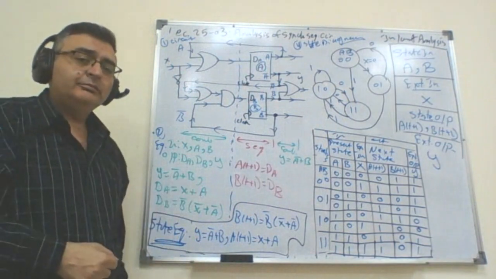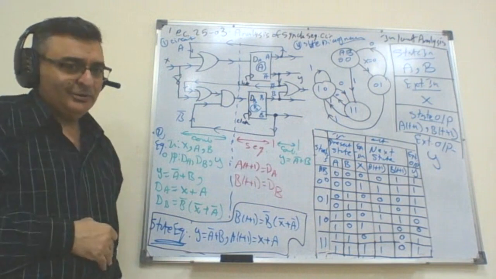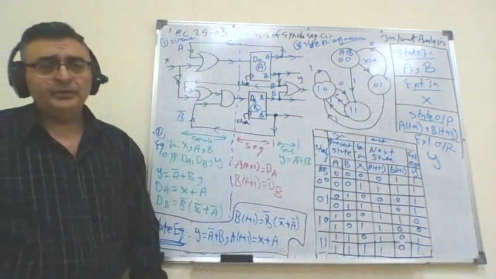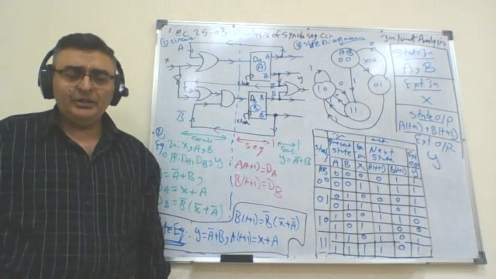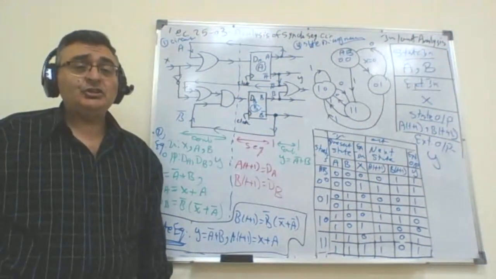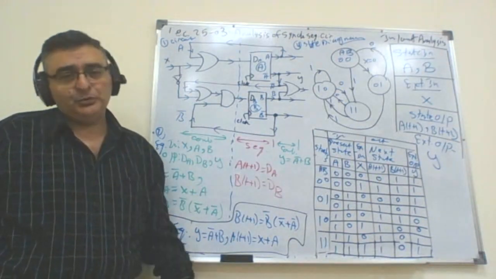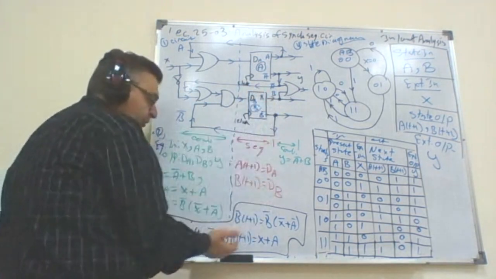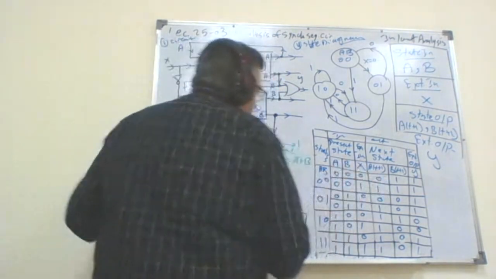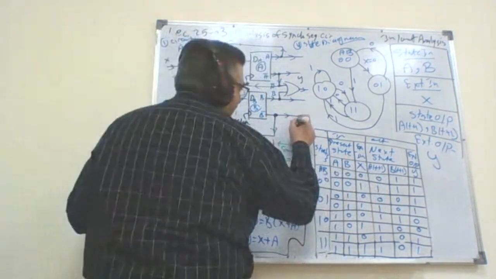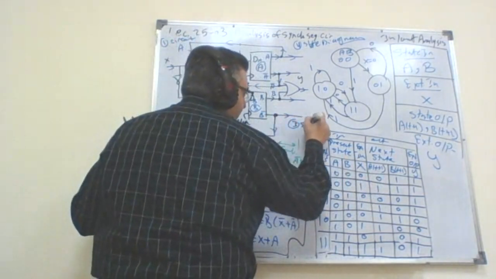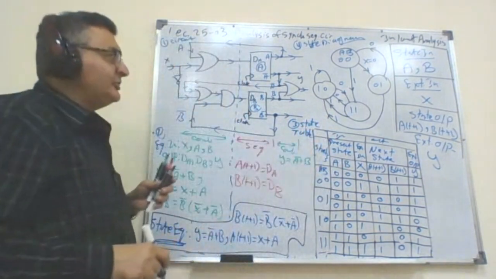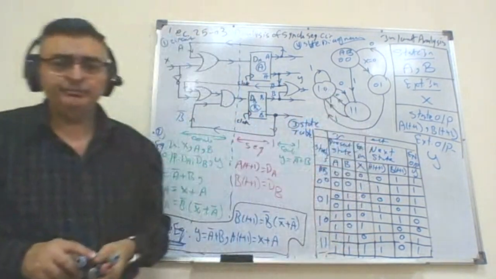Are we done? The answer is no. What is missing in that state diagram? The state diagram here is missing the external output. The external output is shown in the equation, in the state table. This is actually the state table, but it is still not shown in the state diagram.